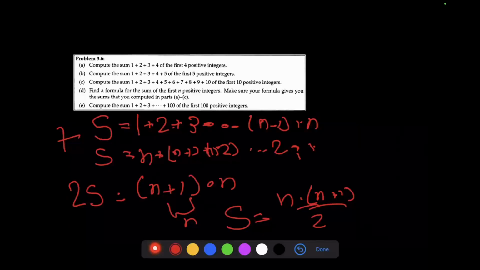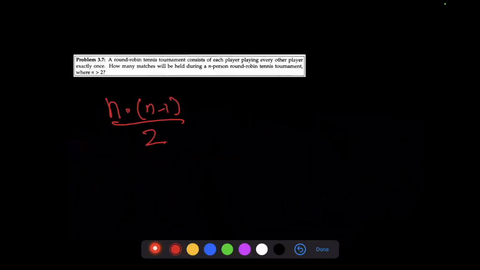So now you got the same answer for the last two problems. Why do you think that is? Let's try to find a relation. Number the players 1 through n. Say player 1 plays all the players other than him, so n minus 1 players.